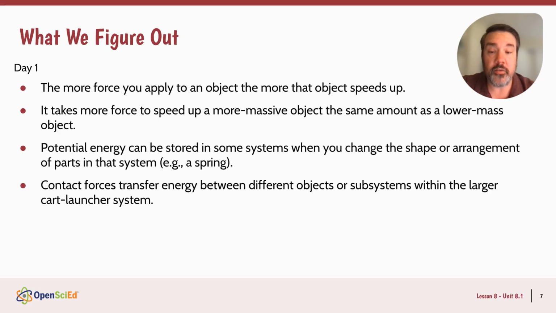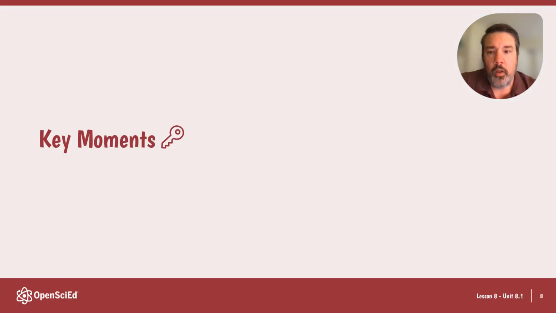So in our case, squishing that spring. And it is the contact forces that are actually transferring the energy from one object to another, or from one subsystem to another within our system. So let's take a look at a couple of the key moments. These are the really important parts that I want to highlight here to help you make sense of what's happening in this lesson.